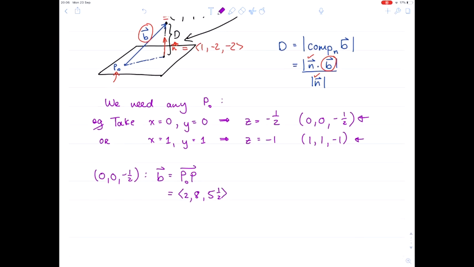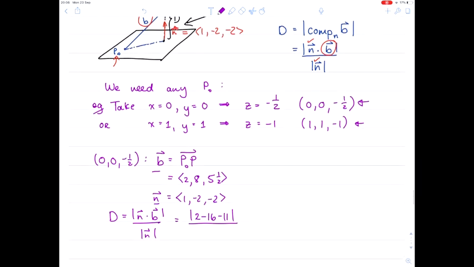And we know that our normal vector is 1, minus 2, minus 2, and so plugging into our equation for d gives us the absolute value of our dot product, which is the absolute value of 2 minus 16 minus 11, and we've got to divide this over the magnitude of our normal vector.